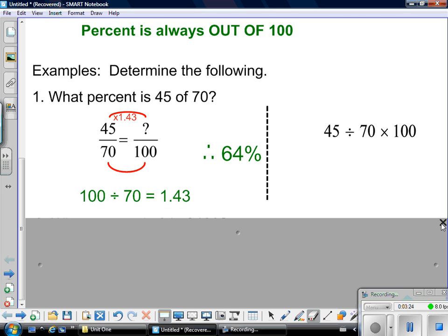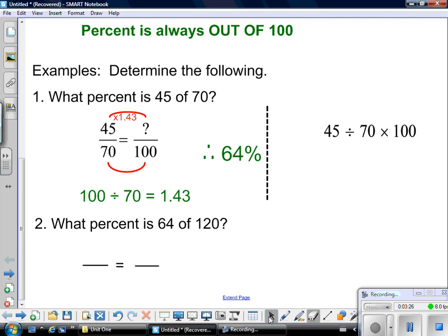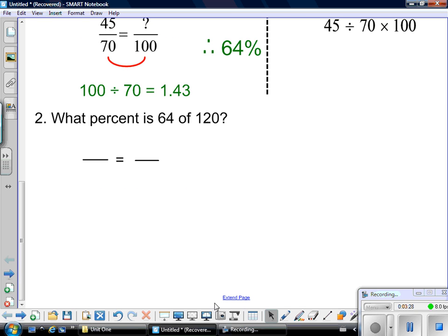So let's do another question that's similar to that. Now this one we'll set it up this way. However, as I said, this is much faster and easier, so we're going to do it that way. I have 64 of 120, and the 120 relates to 100%.